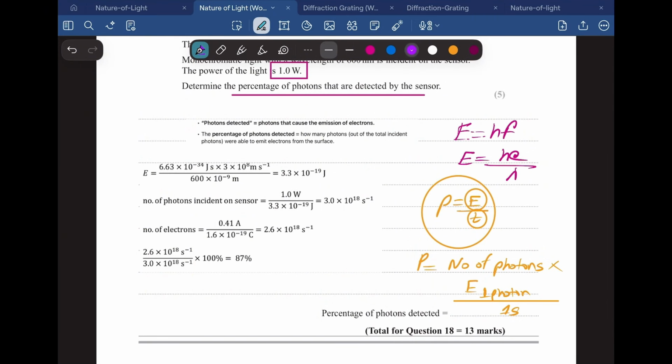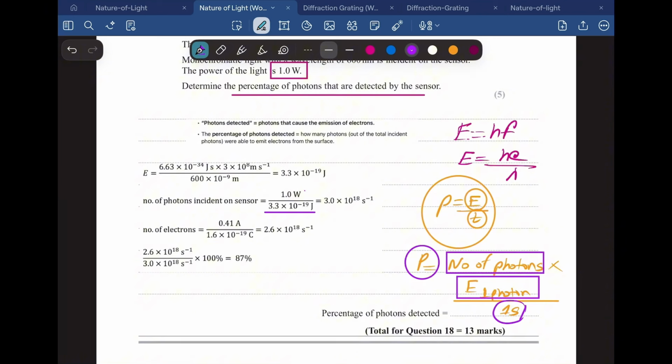We know the energy of one photon, and we also know the power value. We can figure out the number of photons from here. The number of photons will be equal to the power incident on the sensor divided by the energy of one photon per second. Per second, that's why it is 1 second, and if you divide anything by 1, it is exactly the same.